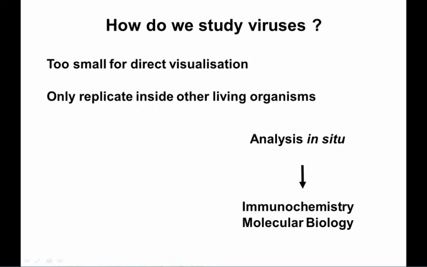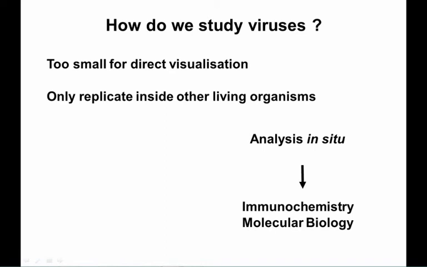Okay, so the other way is to say, right, what we want to do is study viruses and their interactions with the host cell. Okay, so in that case, you don't want to separate the virus particle and study it in isolation. You want to study how the virus interacts with the host. So you've got to analyze it in the host cell, in infected cells, or in infected organisms.